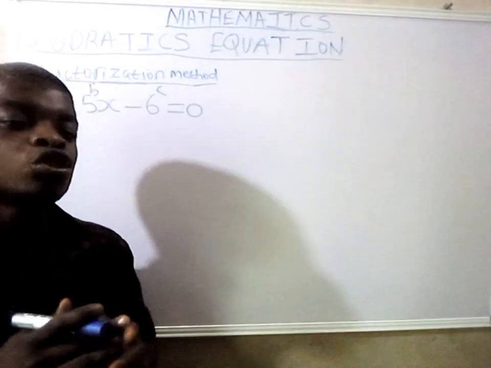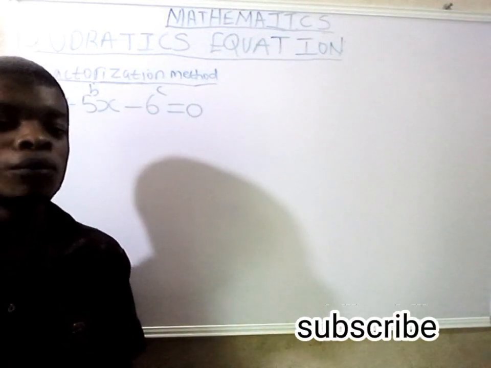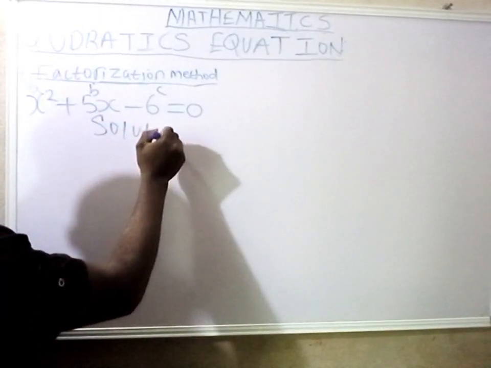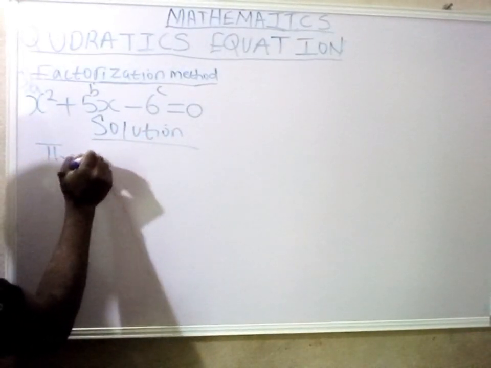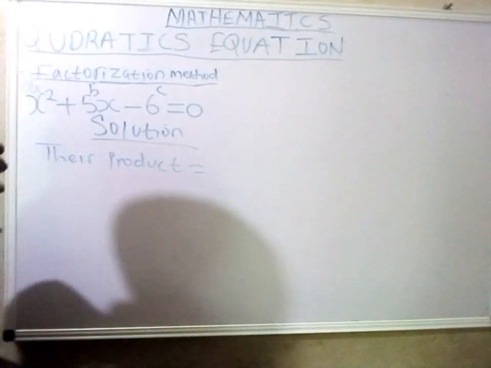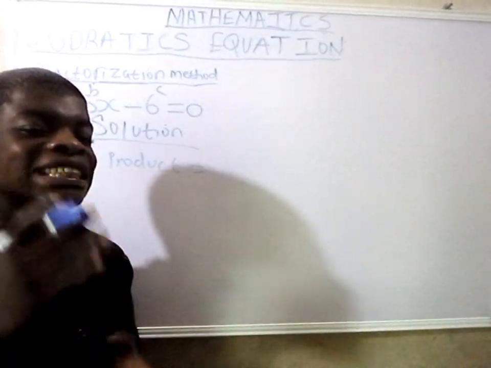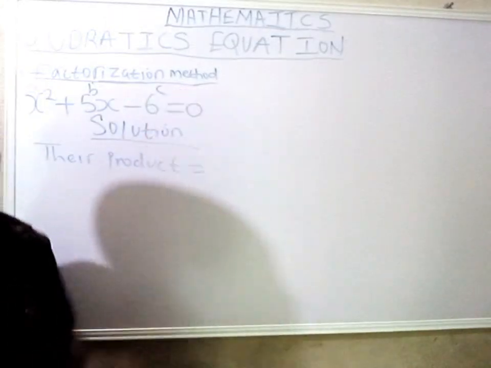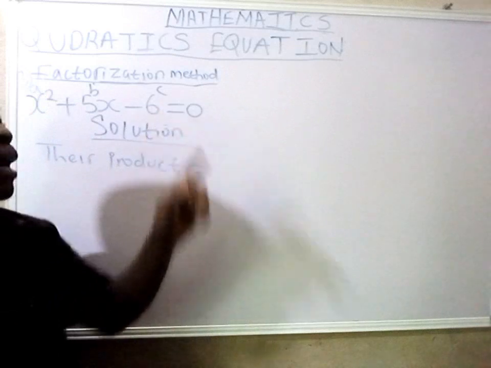Let's take question 1 and 2. First of all, look for their product, then look for their sum. So let's say solution. Their product equals, and you know their product can be gotten by multiplying A times C, whereby here is your A, here is your B, here is your C, by saying x squared times minus 6.